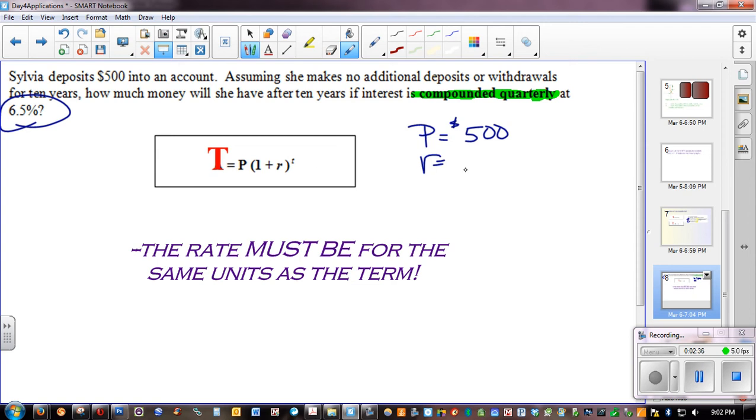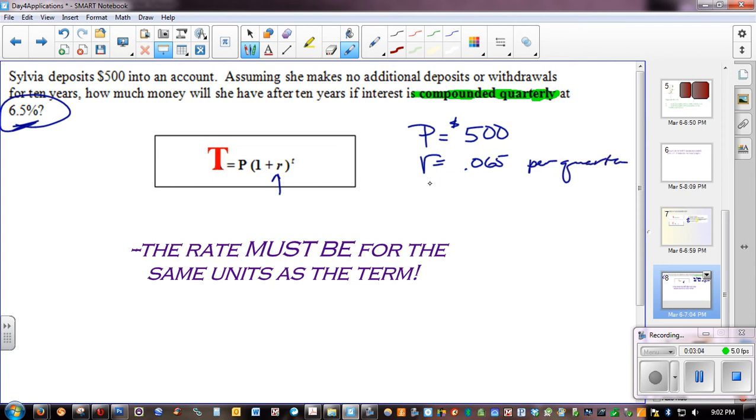I could assume it's 0.065 per quarter. That's pretty darn high. If you can get that account, you want it because that's a great rate. I think that the intent here was to say that's an annual rate, but you know what? I'm going to go with a quarterly rate and we'll see how many millions of dollars she's going to end up with. So we want to express that R as a decimal. That's why I converted to 0.065. I'm going to say that's per quarter.